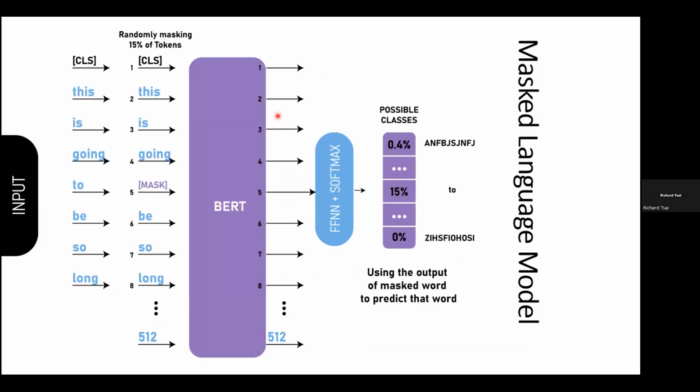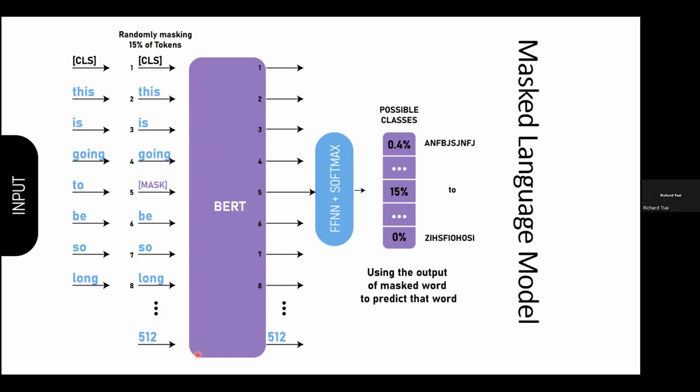Now, let's delve into BERT's pre-training process. We use the term pre-training to differentiate it from the training of BERT on downstream tasks. The remarkable aspect of pre-training BERT is that it doesn't rely on human labeled data.